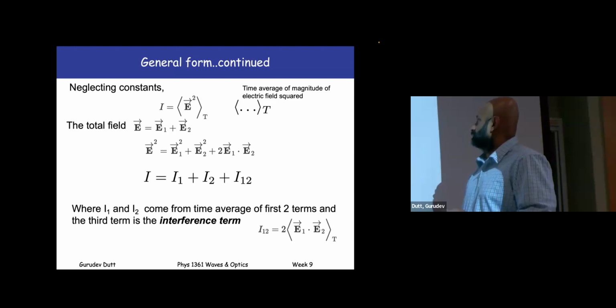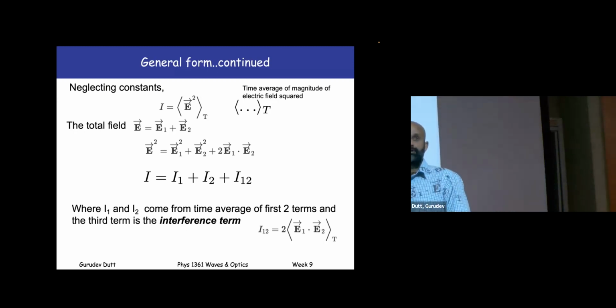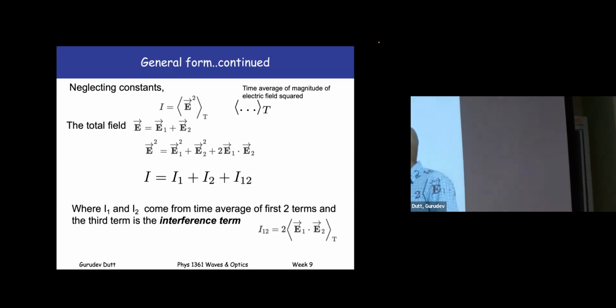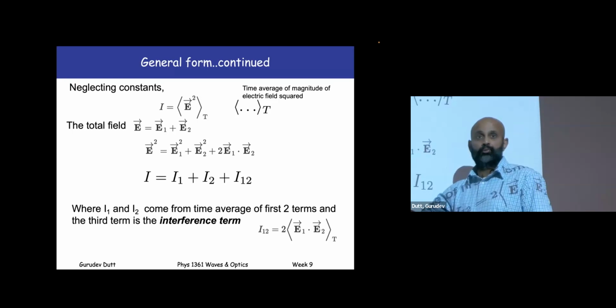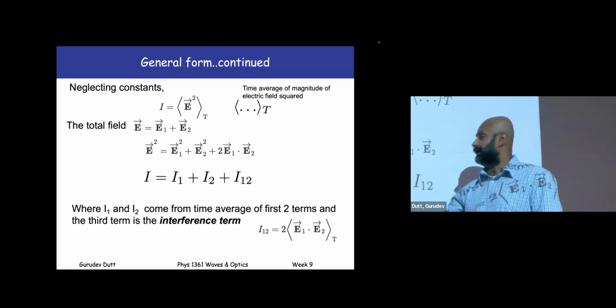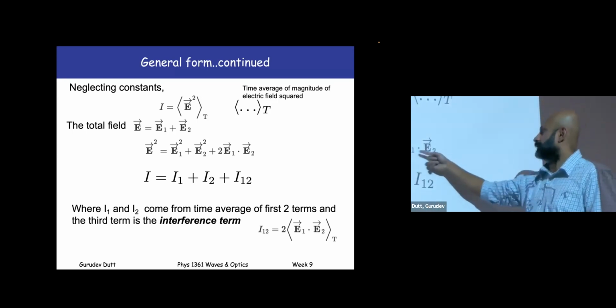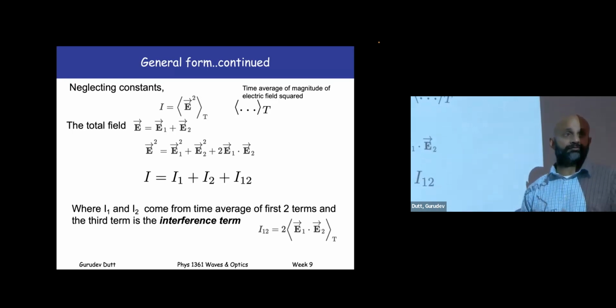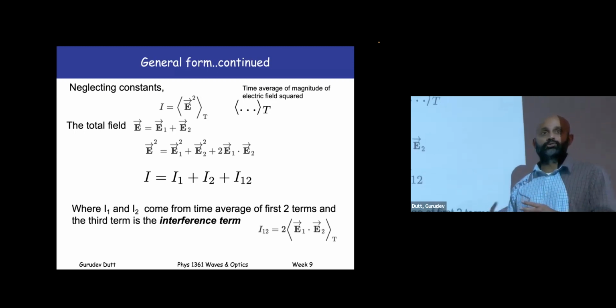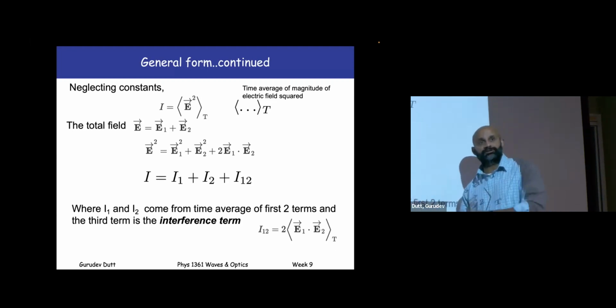Now, if I take the time average of each of these terms, because the time average is just an integral, which is a linear operation, the time average of E1 squared will give me I1, the time average of E2 squared will give me I2, and then we have this dot product, the time average of E1 dot E2. That's the term that we call the interference term, because it appears due to the fact that the 2 waves are interfering with each other.